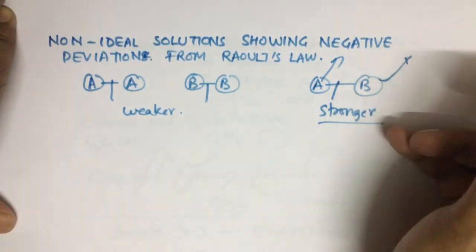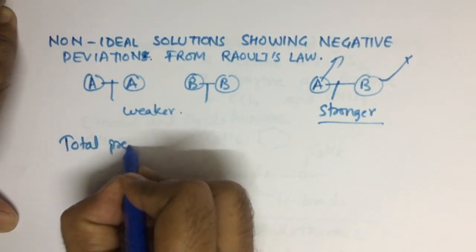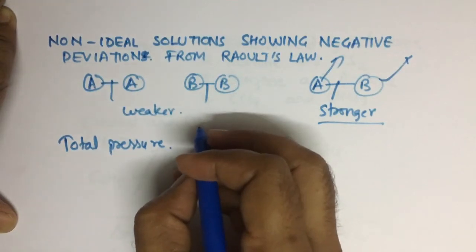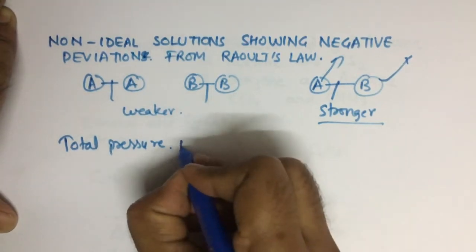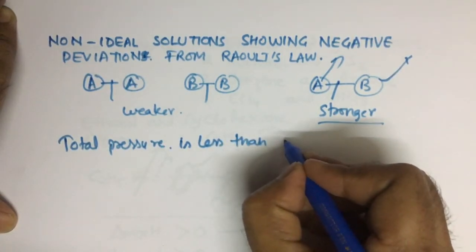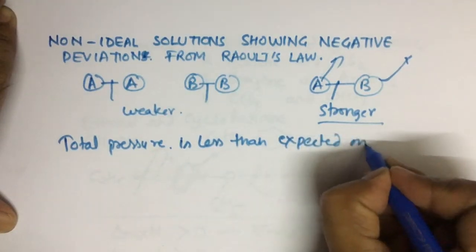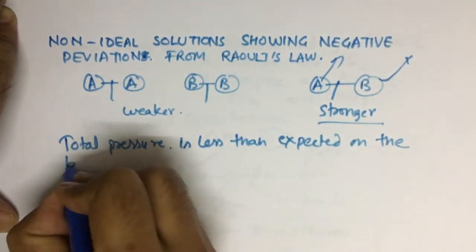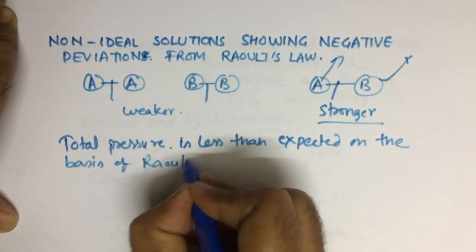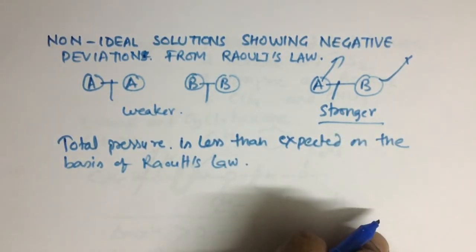As a result, the total pressure is less than we expect on the basis of Raoult's law.